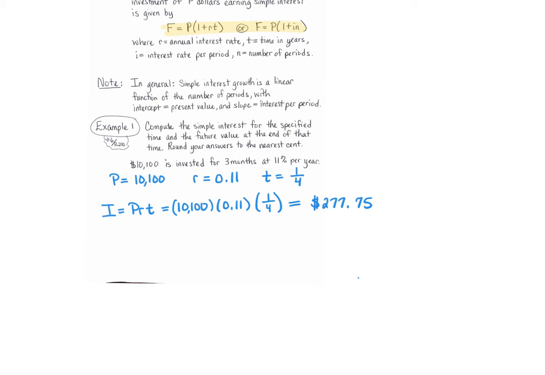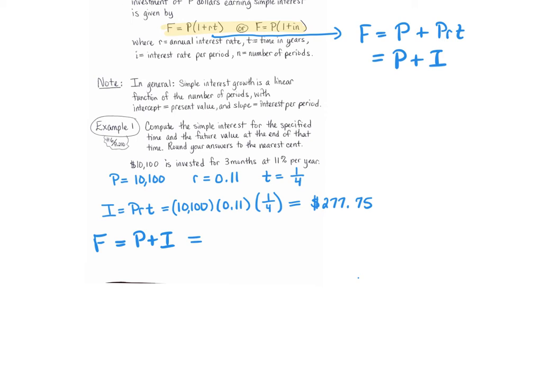So our future value, we have F. Notice that here you have F is equal to P times the quantity 1 plus RT. So if we just expand that for a second by distributing that P, that means it's P plus P times RT, where we know P times RT is just I. That's our simple interest. So our future value is P plus I, and we know what P is.